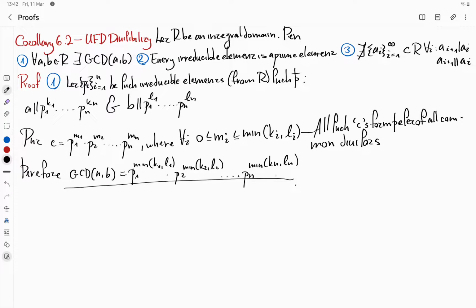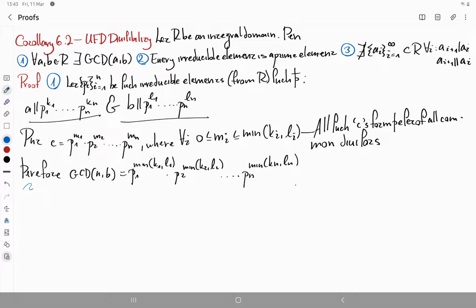This satisfies the definition of the greatest common divisor. One, because it is a divisor, because we took it from the set of all divisors, and secondly, it is the greatest, because if even one exponent was bigger by 1, it would automatically fail to divide at least one of them from these decompositions that we have here. I believe we even had a theorem for it, though I don't recall the name.